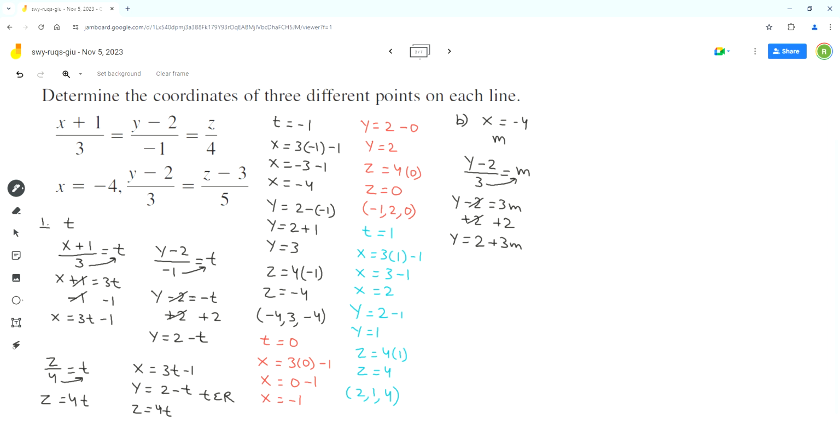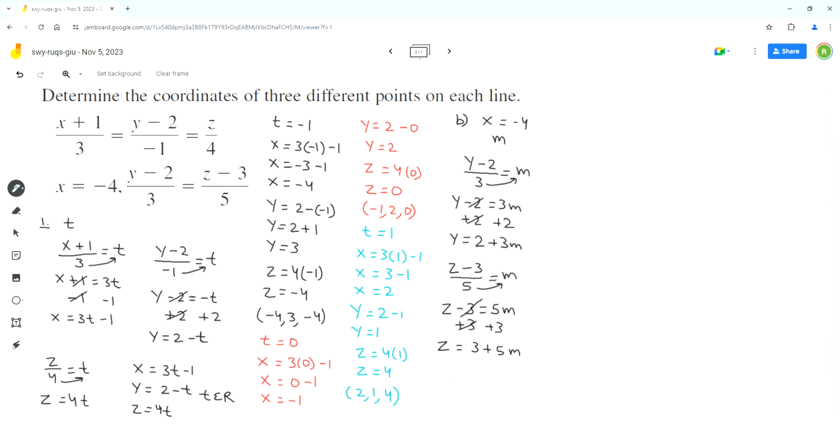Now we can find the z equation. We can cross multiply the 5. We can add 3 to both sides. So this is the z equation.